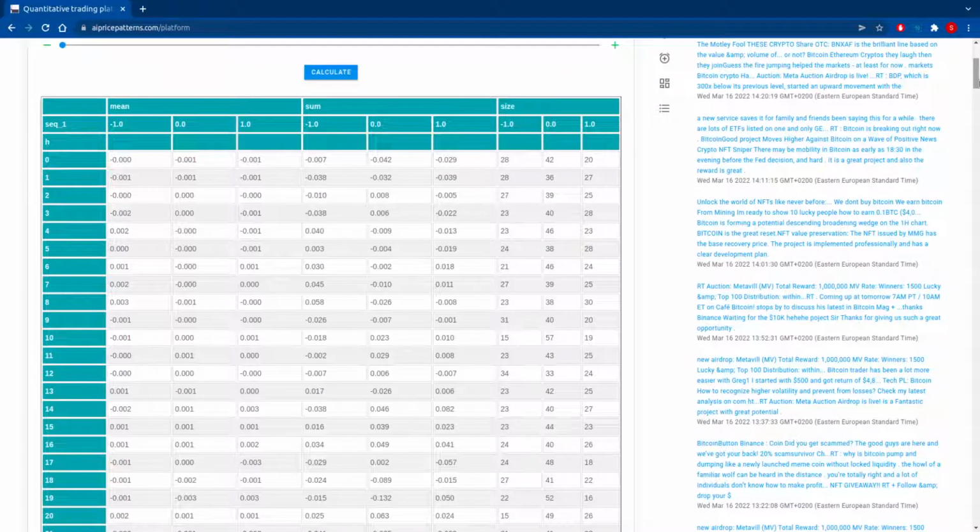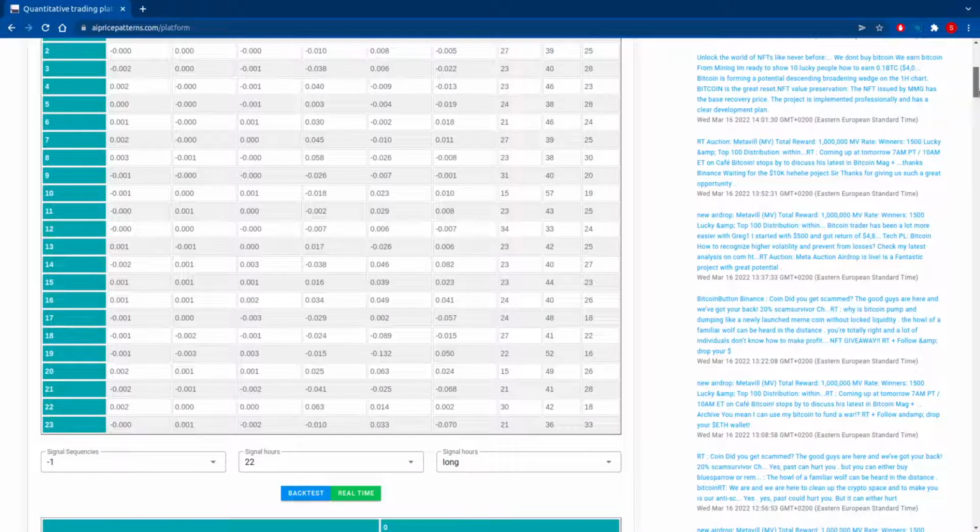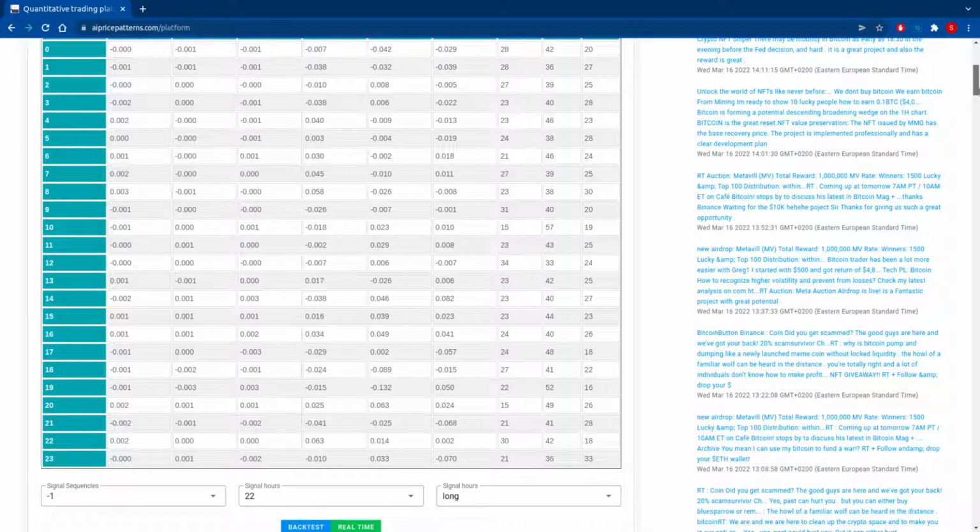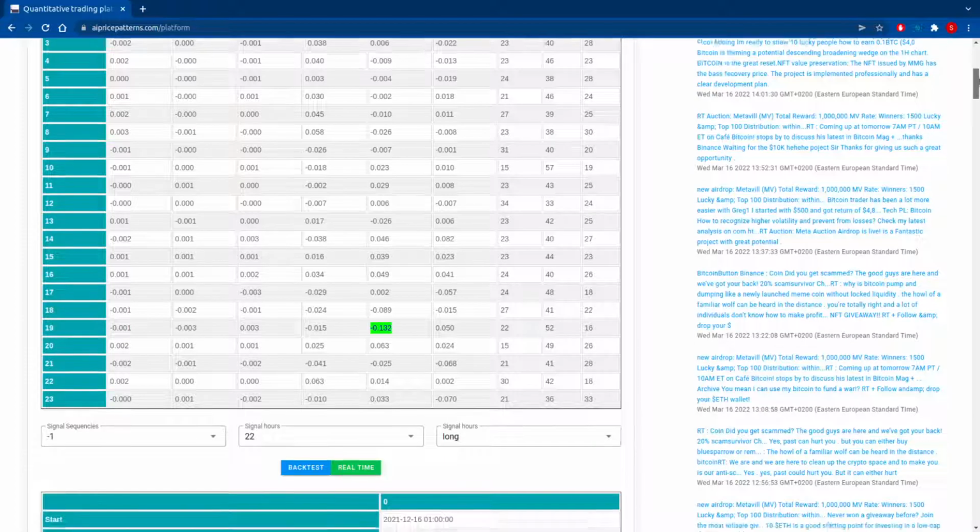It means we haven't any sequences. And what else? Let's analyze. It's a very interesting situation for 19 bars. It's very interesting. I should test it.